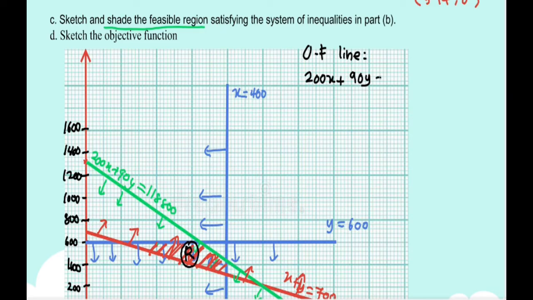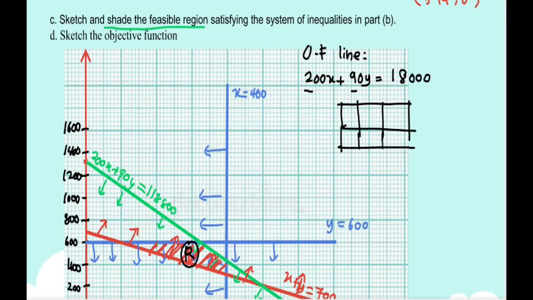Now we need to equate it with some number, so we can just multiply 200 with 90, and we will get 18,000.